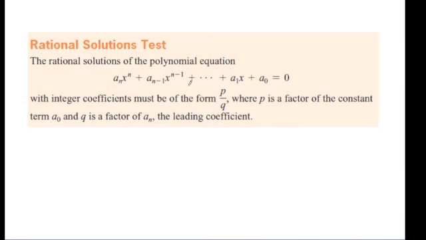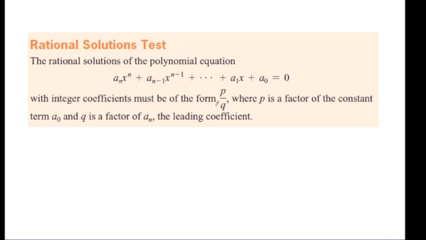Now we have the rational solutions. This doesn't say, but these are the possible rational solutions. If we have a long polynomial, we don't know quite what the degree is. This stands for the coefficient of the nth term. This is the coefficient of the n minus 1 term, down to the coefficient of the x term, and the coefficient of the constant.